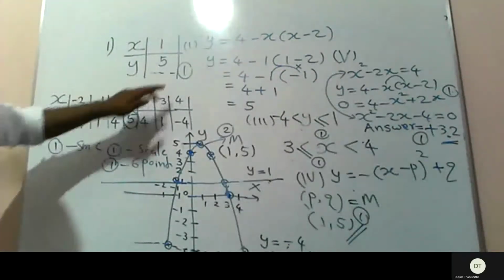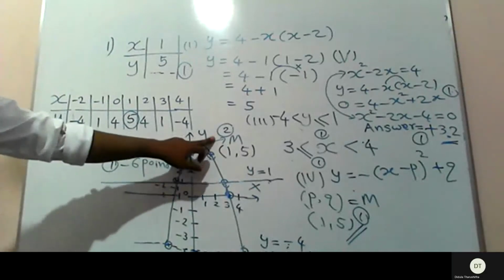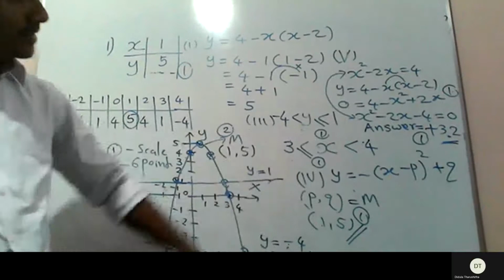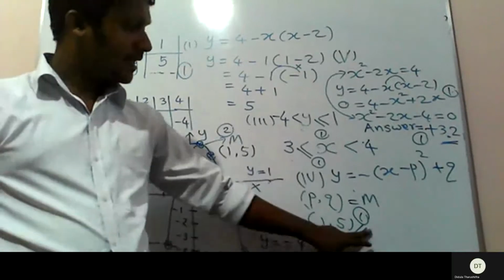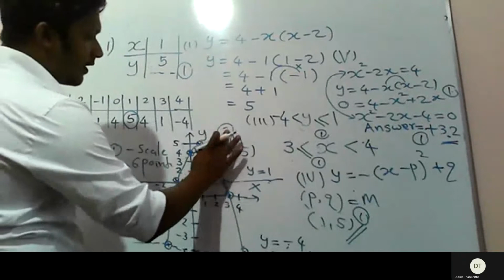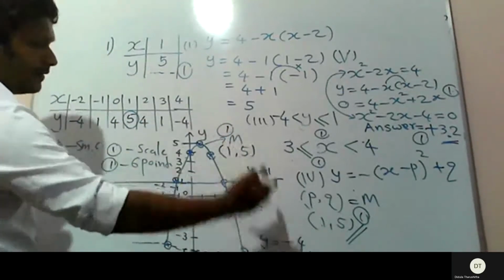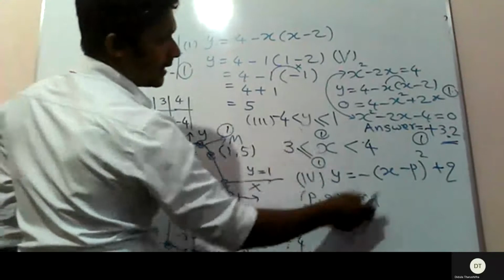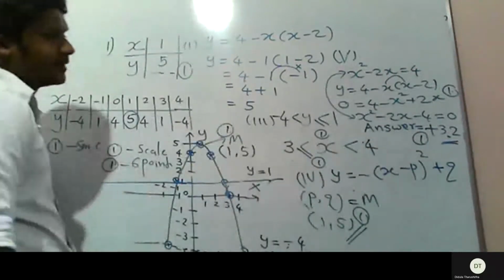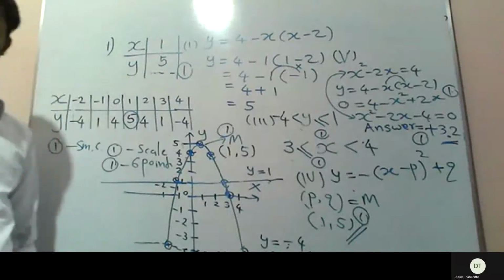Then you can count 1, 2, 3, 4, 5, 6, 7, 8, 9, 10. 10 marks for question number 2.